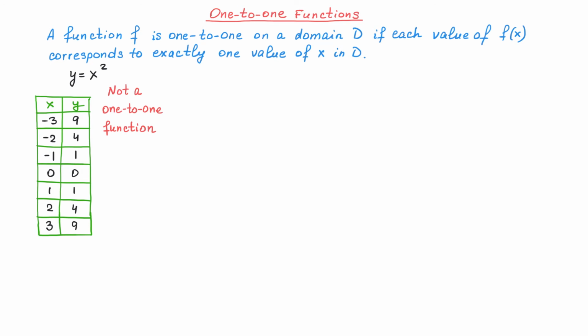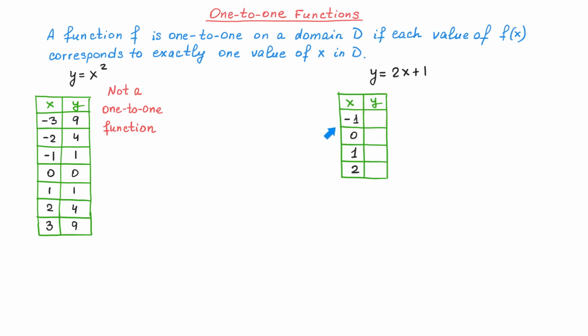But now, if we have the function y equals 2x plus 1, you will see that this function is a one-to-one function. Let's replace the few values that I picked for x and find the values of y. We will start with -1. 2 times -1 is -2 plus 1, -1.